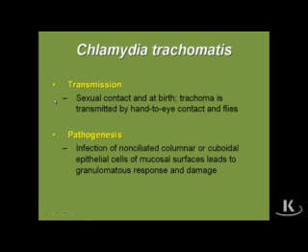Flies that might land on someone's eye, pick up an organism, and go land on someone else, transmitting that organism. Now, the pathogenesis will destroy some of the epithelial cells, causing damage, and you're going to get a granulomatous type response. Very similar to what we've talked about with a lot of those facultative intracellular organisms. But you will get a lot of inflammation.